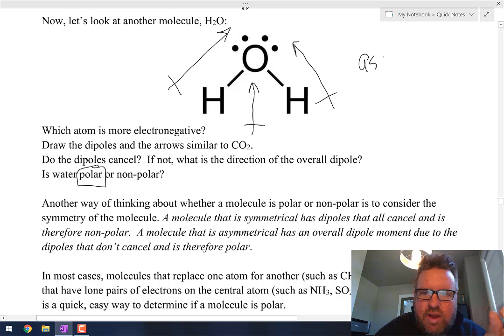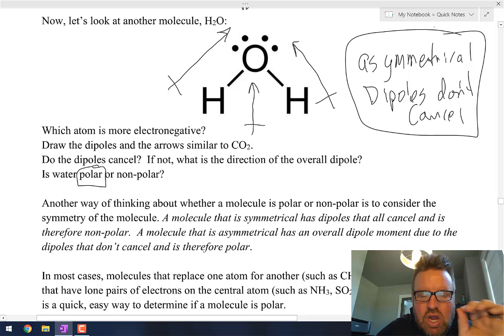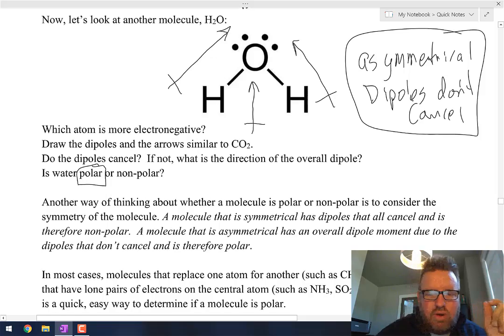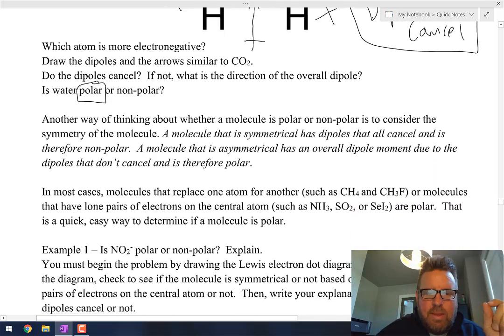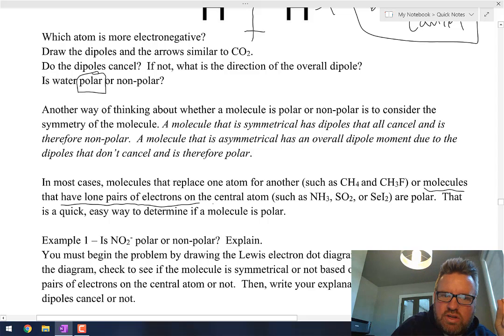And what the grader is going to be looking for there is your mention of the symmetry and talking about the fact that the dipoles don't cancel. That is telling the grader I know what I'm talking about when I'm talking about why a molecule is polar or non-polar.